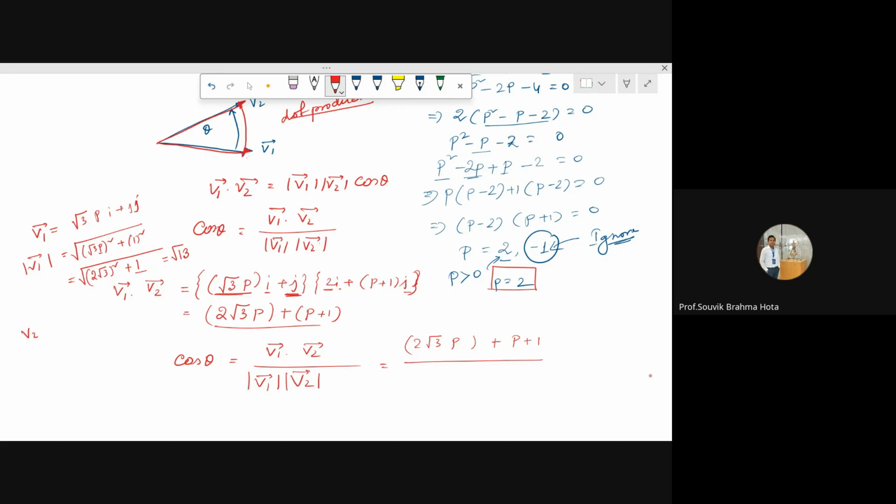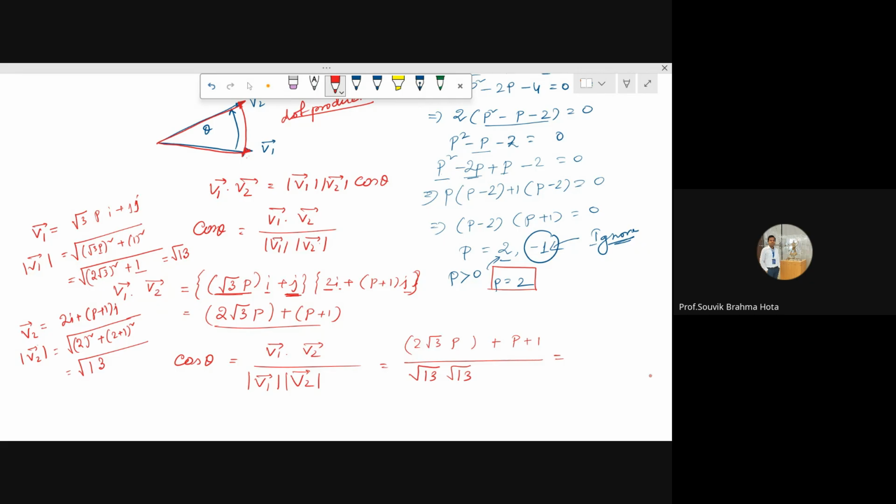Now v2 modulus. The v2 vector is 2i plus p plus 1 j. The modulus will be square root of 2 whole square plus p plus 1 whole square, with p is 2. So 4 plus 3 whole square, 9, 4 plus 9 is 13. So it is also square root of 13. Both of them are square root of 13, and square root of 13 into square root of 13 means only 13.